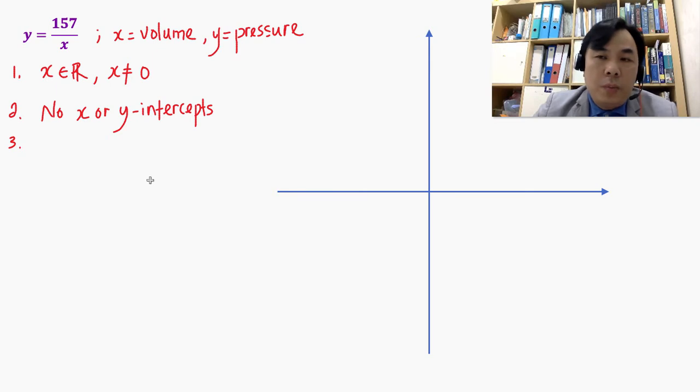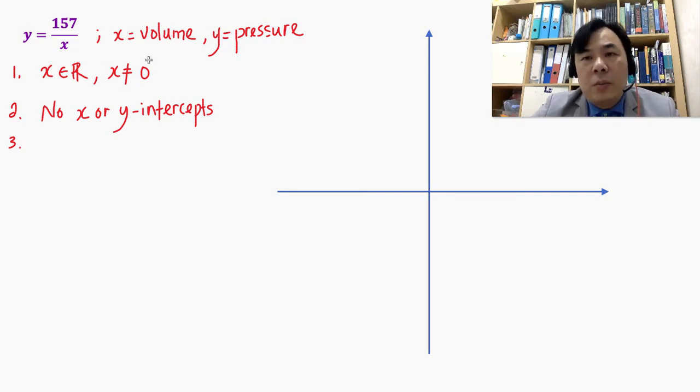The third one is that we have to identify any asymptotes. The first asymptote that we can find very easily is given here.